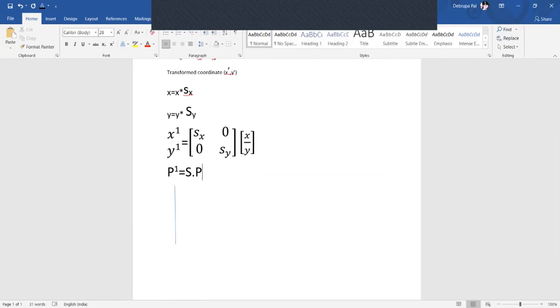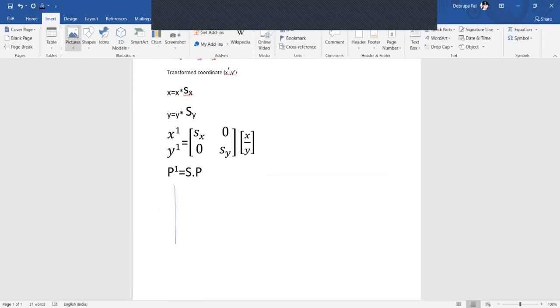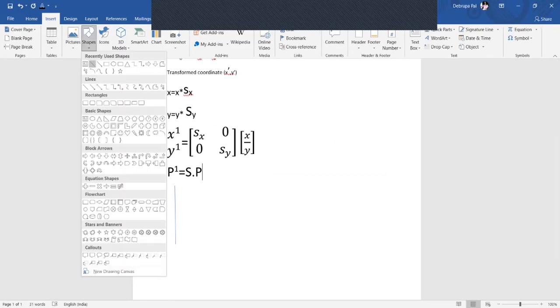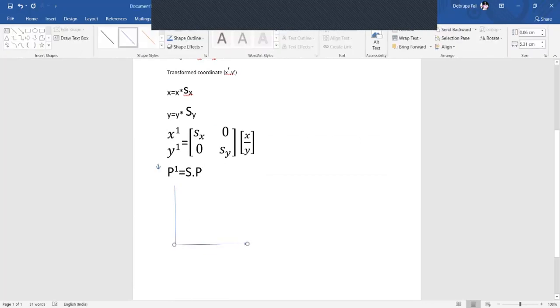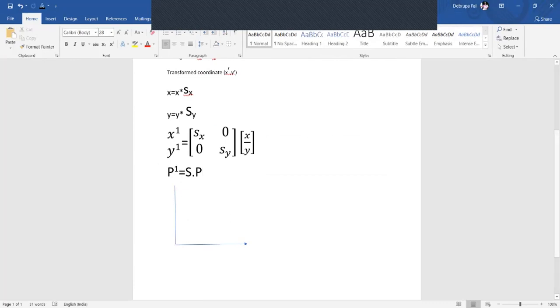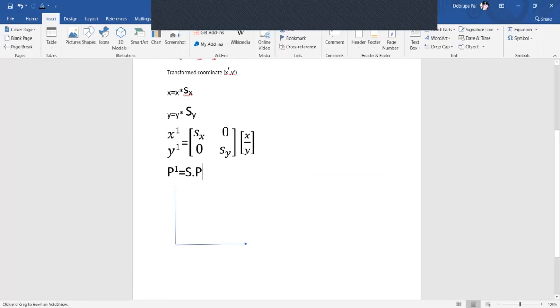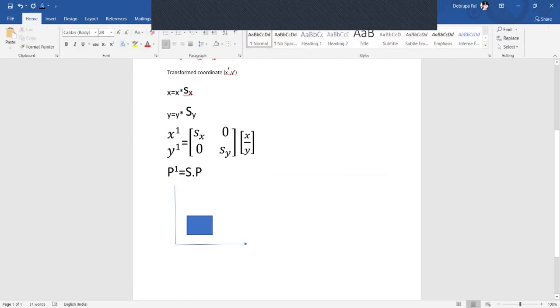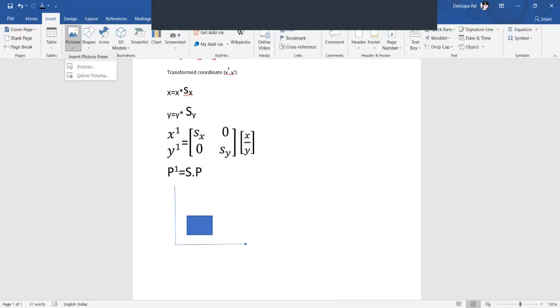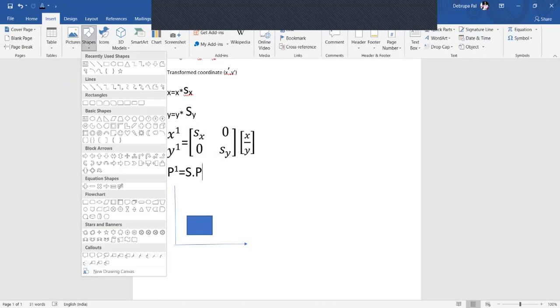Suppose this is the X coordinate and this is the Y coordinate. Then we insert the shape. Suppose this was the shape of the object which I want to scale. So after performing the scaling operation, how will the object look?